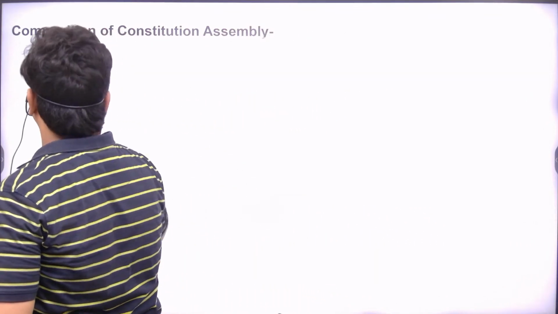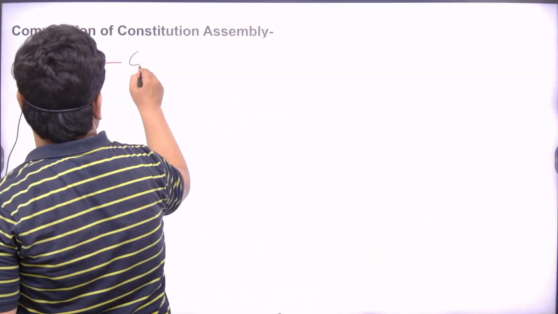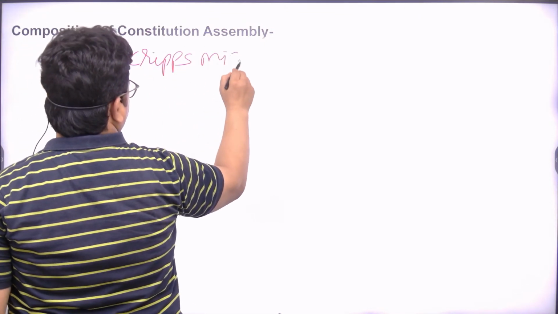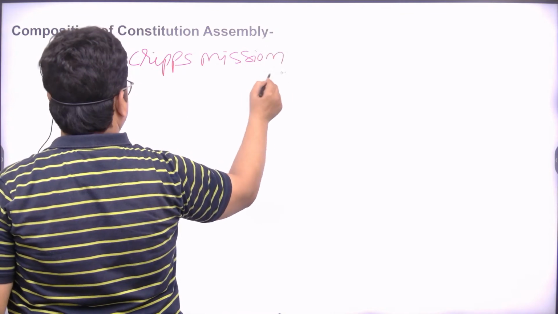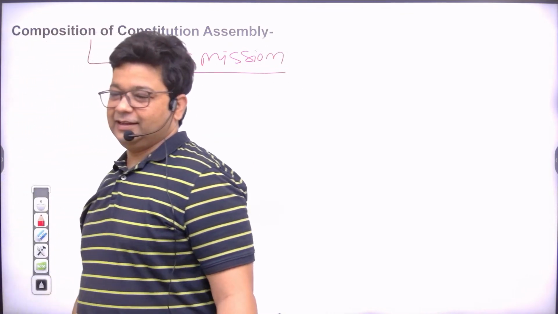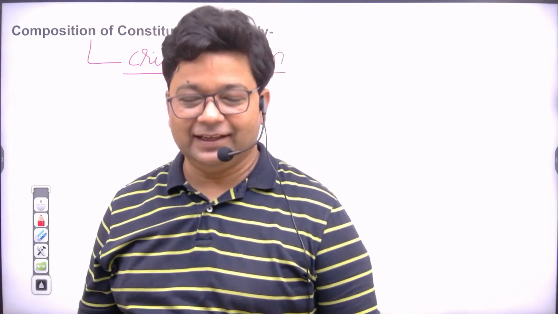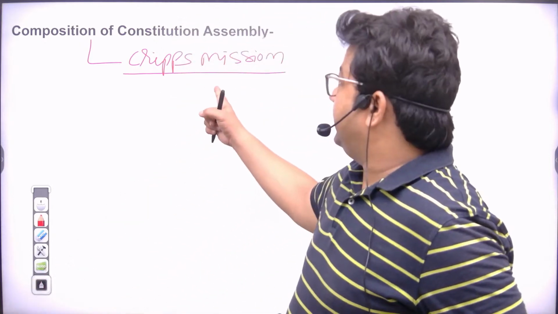I'm not answering, I'm taking your answer. So you said Cripps Mission. And when did the Cripps Mission come? On which plan was the Constituent Assembly established? We got an answer.